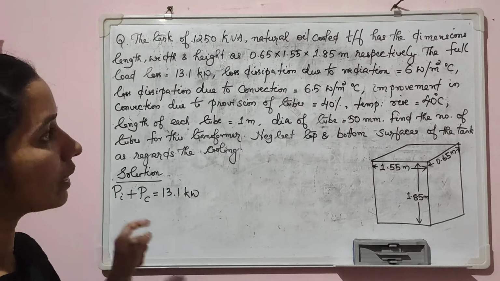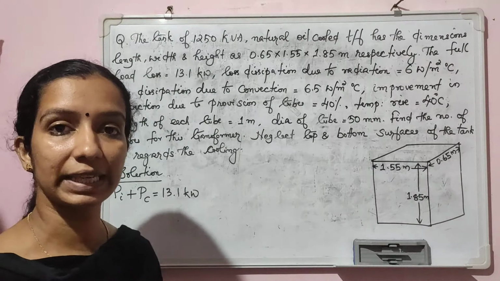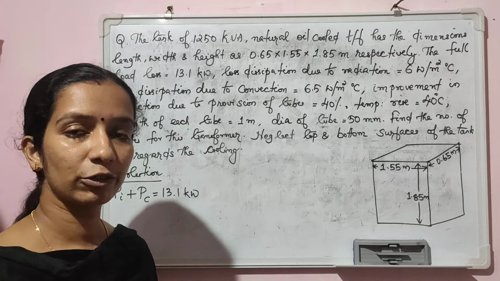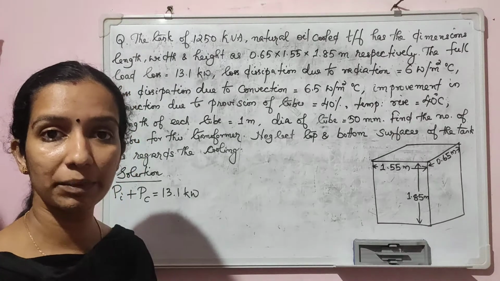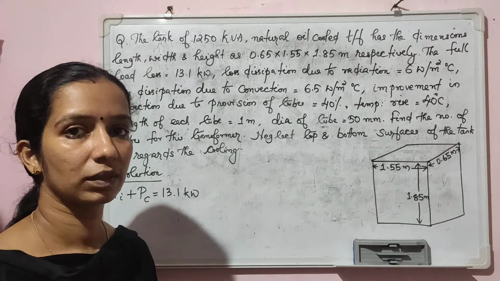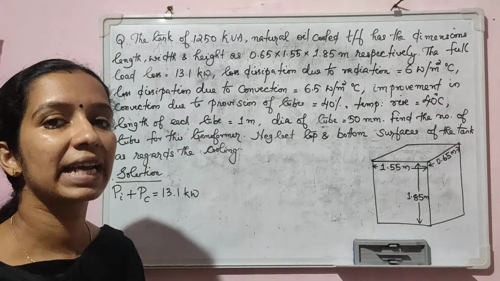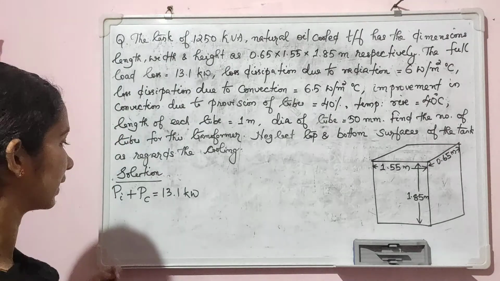Now, loss dissipation due to radiation is 6 watt per meter square degree Celsius. That is the value of lambda given in watt per meter square degree Celsius. So we already know this value. Heat dissipation due to radiation from the transformer tank is 6 watt per meter square degree Celsius.